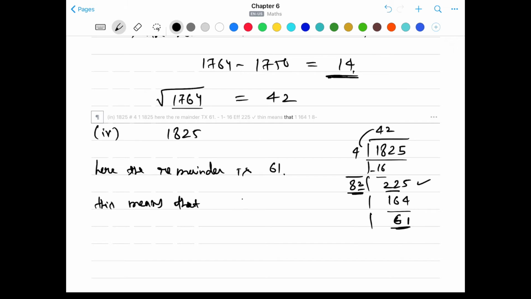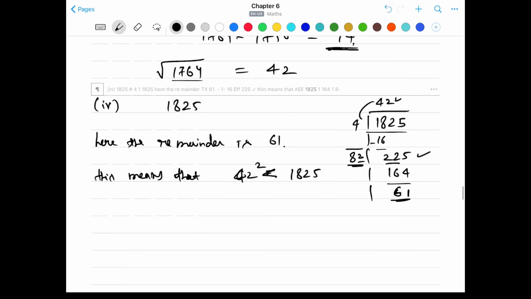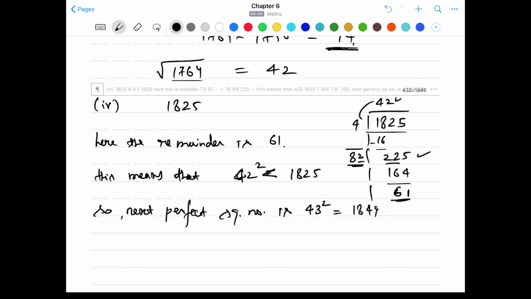Okay, so this means that the square of 42 is less than 1825. So the next perfect square number is the square of 43, and the square of the number 43 is 1849.